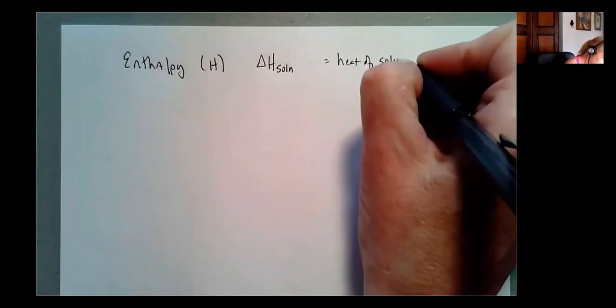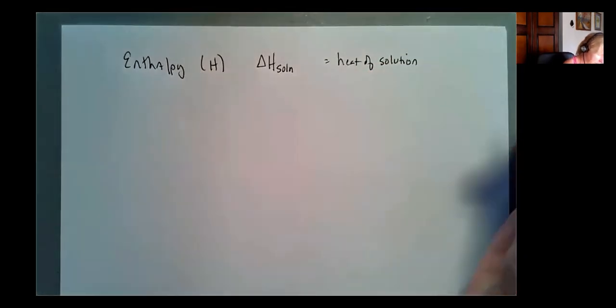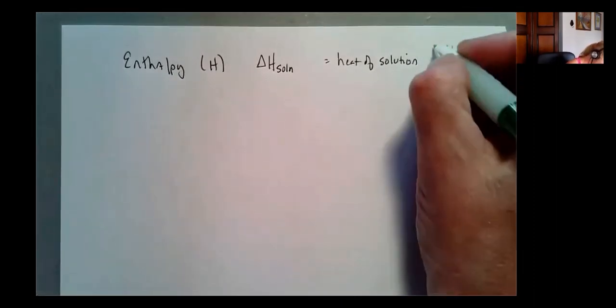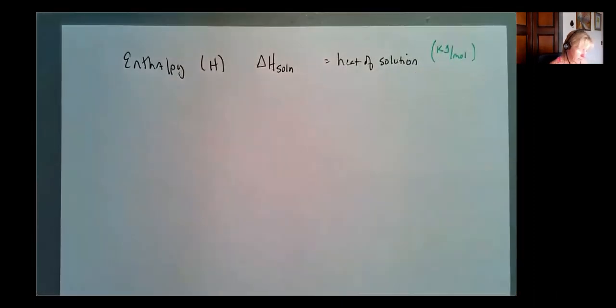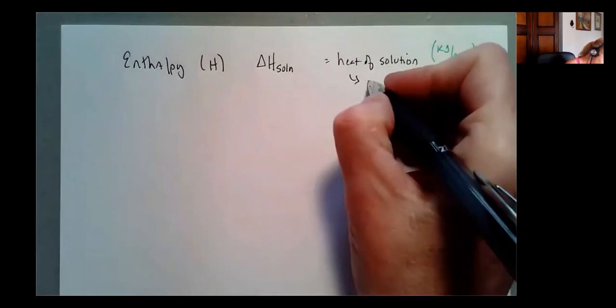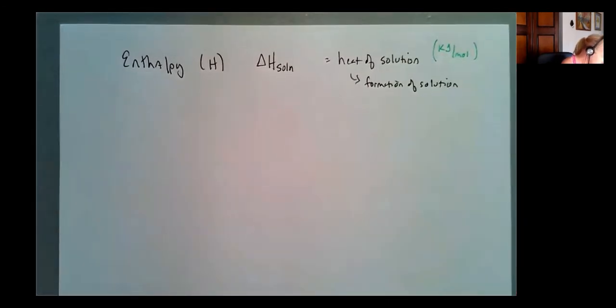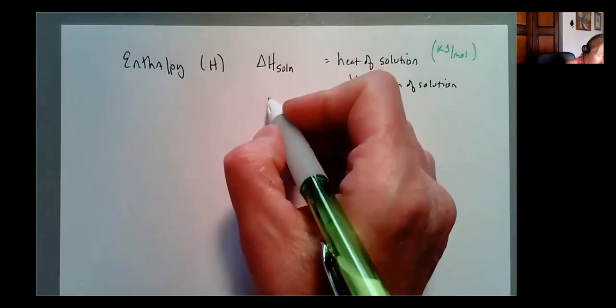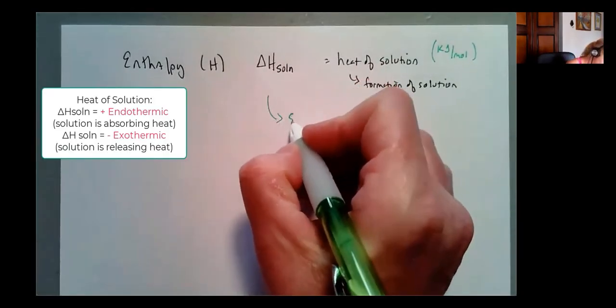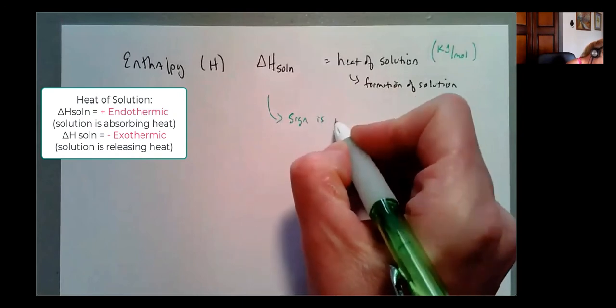So this is going to be called the heat of the solution rather than the heat of the reaction. This is going to be in units of kilojoules per mole, just like before. But now, instead of looking at a chemical reaction, we're going to look at the formation of the solution. So heat of a solution, the formation of a solution. And like before, the sign of delta H is going to tell me where the energy is going. So the sign is going to be important.